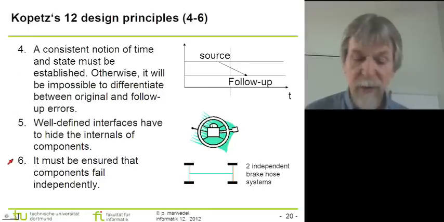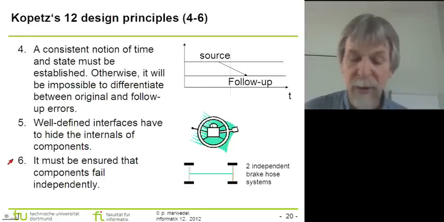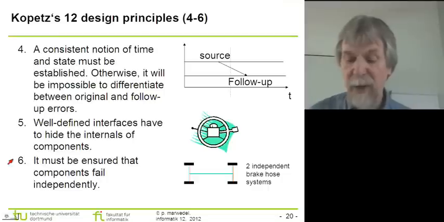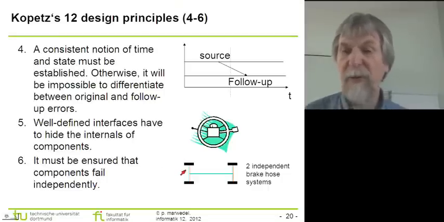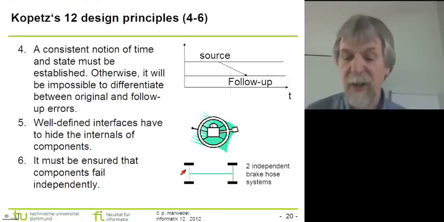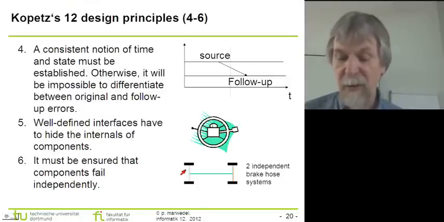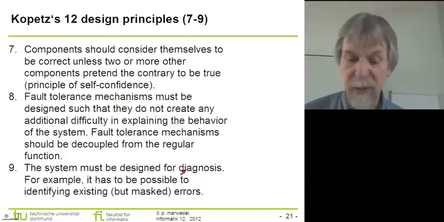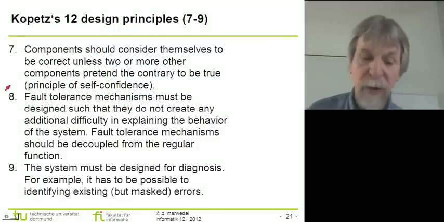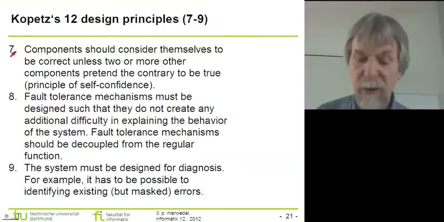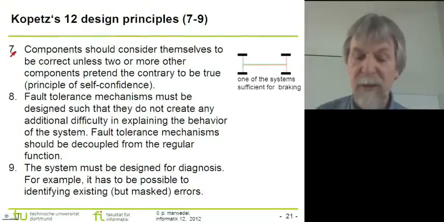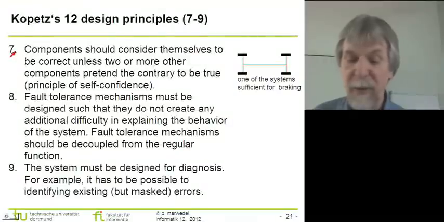Then furthermore, we should ensure that components fail independently. So for example, we might have two different pipe systems for the brakes in the car, and we should make sure that these two systems are definitely independent. Furthermore, according to the seventh principle, components should consider themselves to be correct unless two or more other components pretend the contrary to be true.